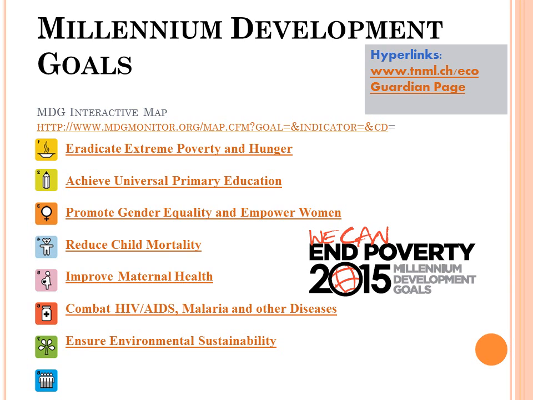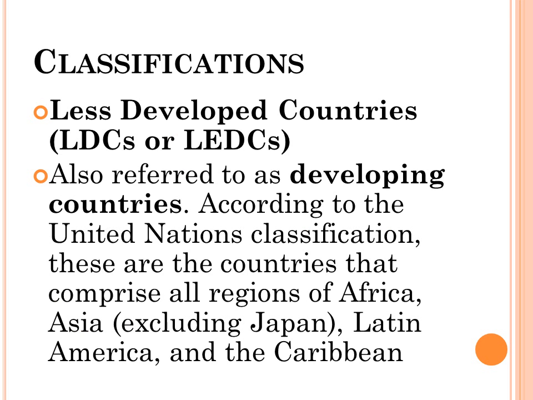Environmental sustainability is something that they are going to push further after 2015, and developing a global partnership for development is difficult to measure and rather a woolly goal, really, but they feel that there is certainly a lot of agreement now on the development agenda. So the Millennium Development Goals, the MDGs, need to be learnt for this exam and used as examples and definitions of how we can make progress with development.